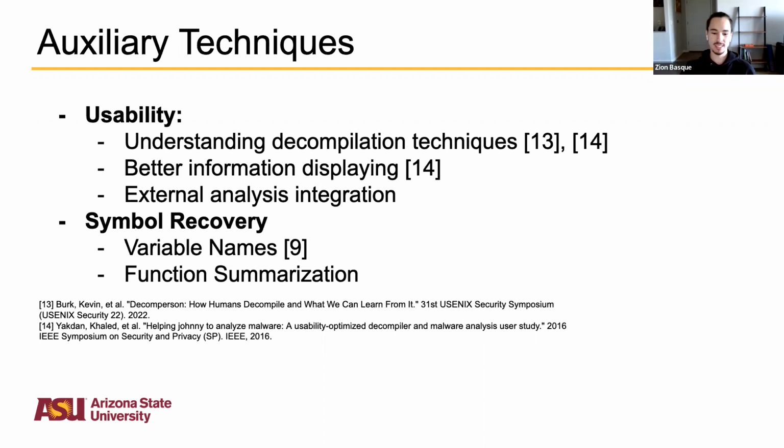They have Dream++, which analyzes that. You have better information displaying the same thing. You have people trying to understand how others decompile, like the order at which they would do things to decompile, like in Decomperson, or how well they decompile, I should really say. And then you have nice symbol recovery things like variable names and function summarization, which have mostly been spanned around machine learning right now.